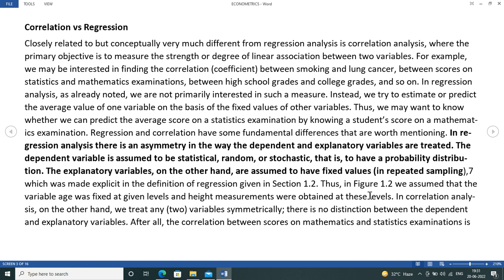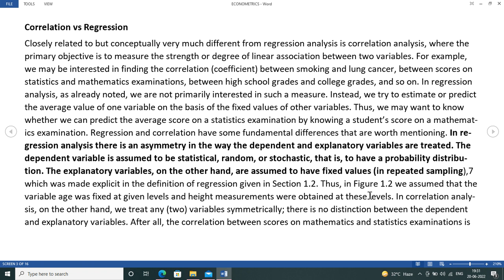There is also an important distinction between correlation and regression. In correlation, for example between two variables x and y, x and y are treated symmetrically; there is no asymmetry in the way dependent and explanatory variables are treated.